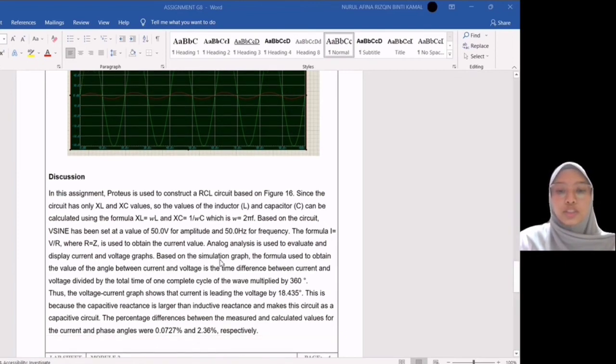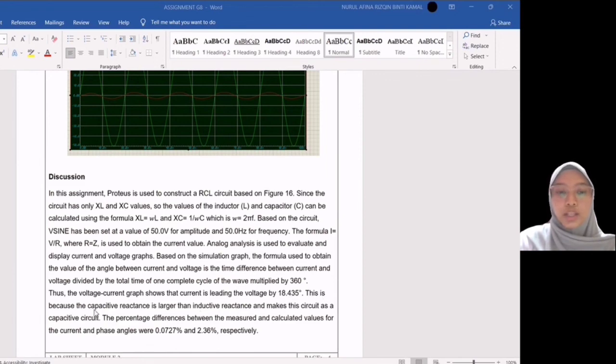Based on the simulation graph, the formula used to obtain the value of the angle between current and voltage is the time difference between current and voltage divided by the total time of one complete cycle of the wave, multiplied by 360 degrees. Thus, the voltage current graph shows that current is leading the voltage by 18.435 degrees.